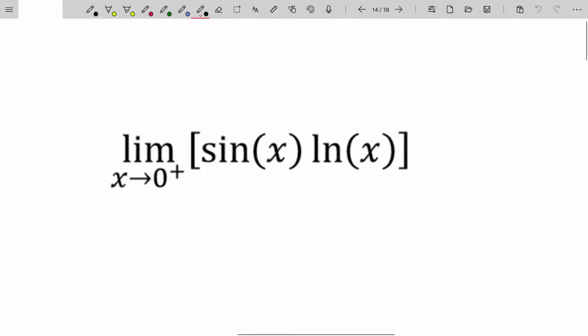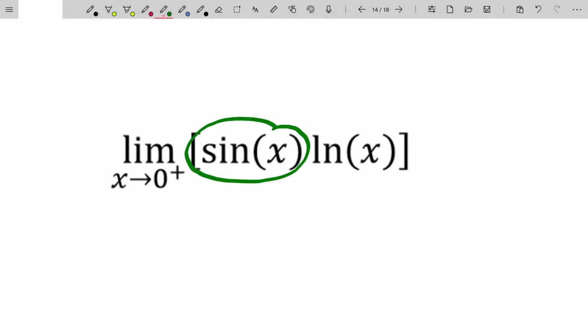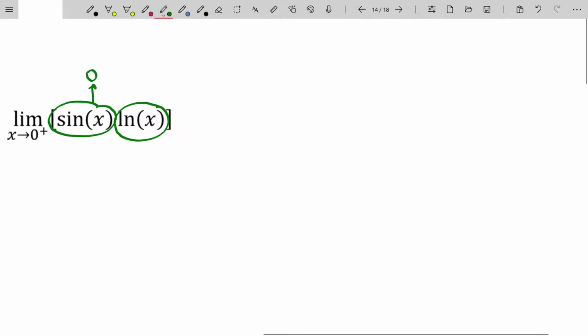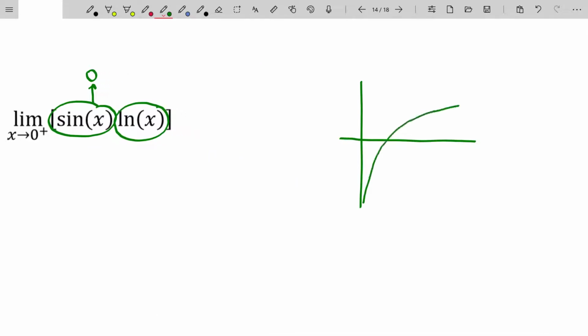Now, you should note as x approaches 0 from the right, the sine is going to approach 0. But again, it's not equal to 0, it's approaching 0. The natural log of x, well, this might require you to remember what the natural log looks like as a graph. Looks like that right there.